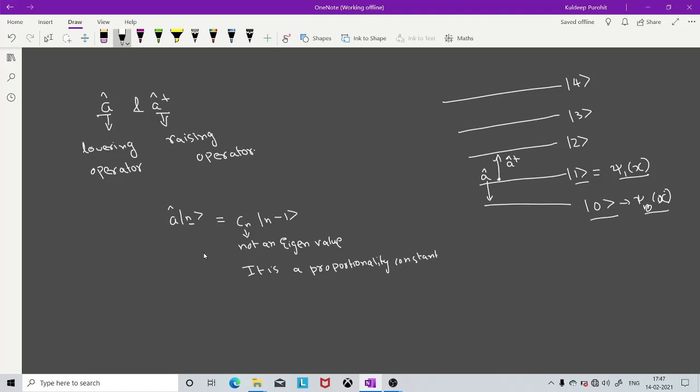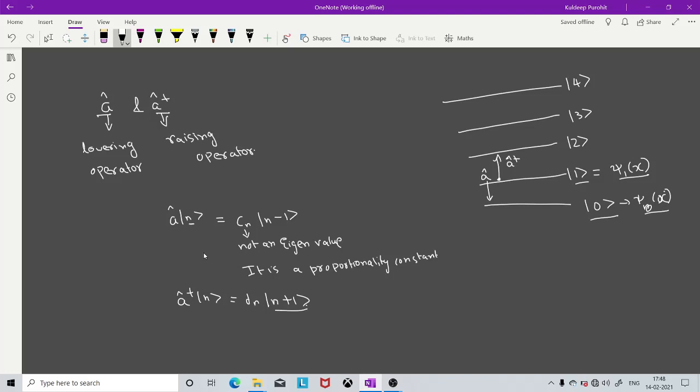Similarly we define the operator a dagger when it operates on a state n. Dn is some proportionality constant, and it will raise the level of the state by 1.